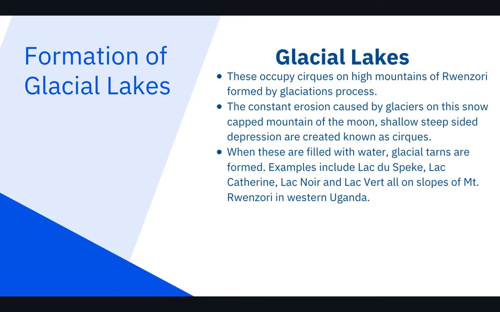The constant erosion caused by the glacier on the snow-capped Mountains of the Moon creates shallow, steep-sided depressions known as cirques. So the depressions which are left behind are the ones that are filled by water, and then we see lakes formed.